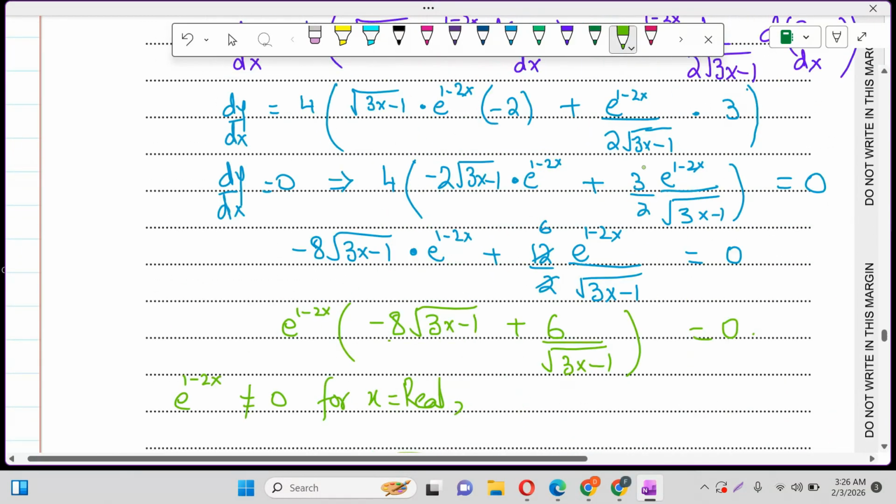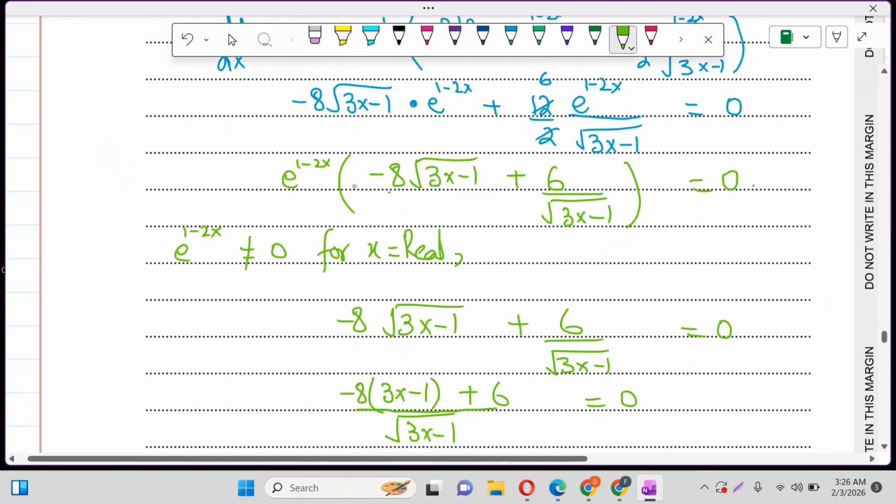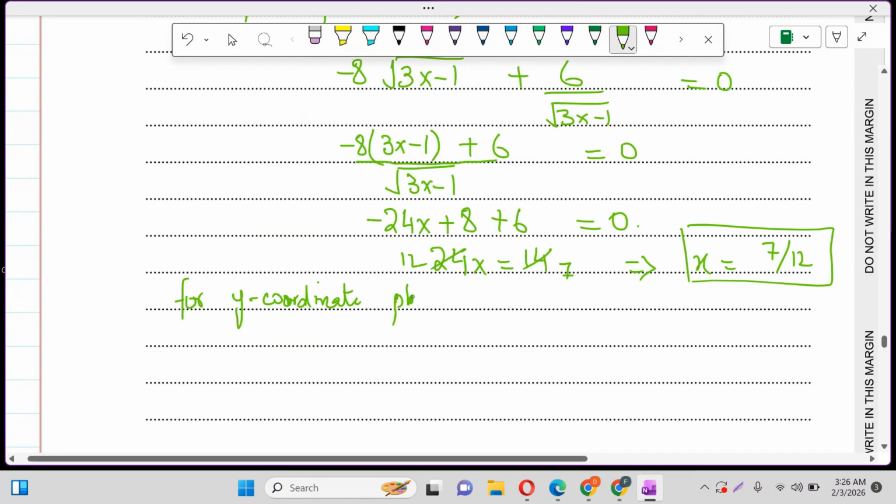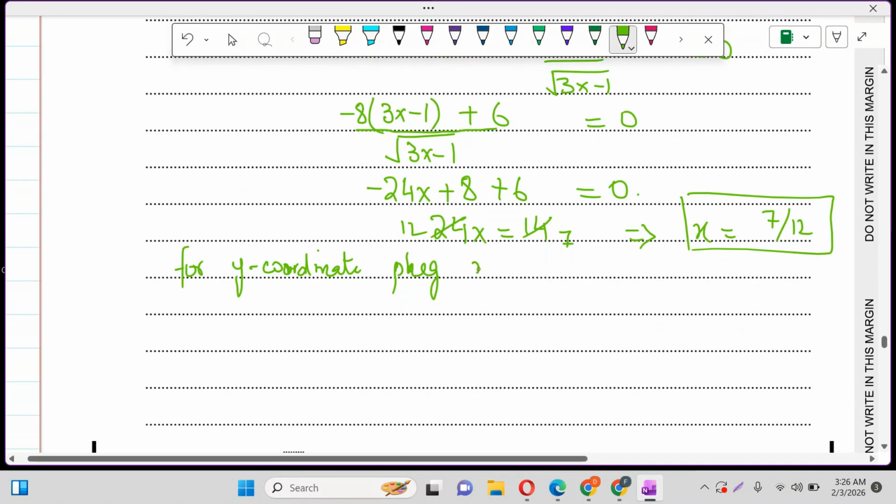Plugging this x coordinate into the equation of the curve to find the y coordinate. For the y coordinate, plug x equals 7/12 into the equation of the curve.